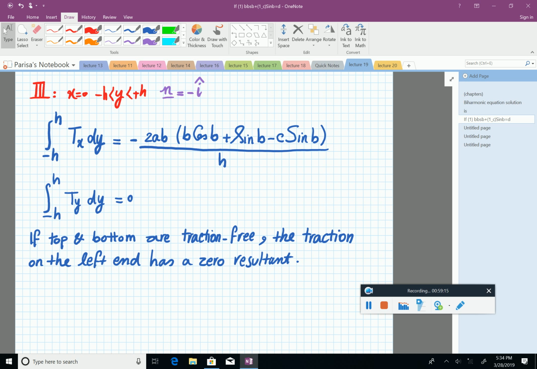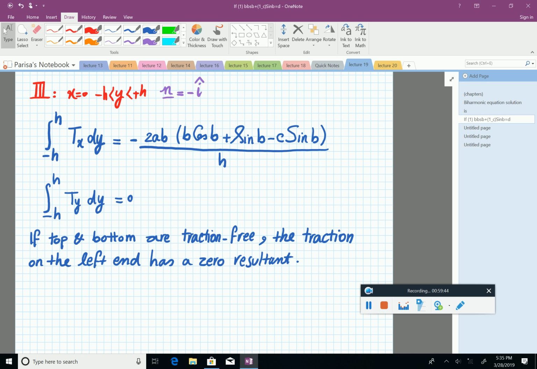Yeah. So remember how, for example, if you have this situation, the resultant force is 0. But does it mean that this is traction free? So I just wanted to say that. No, that's great. So that's what you want to see.